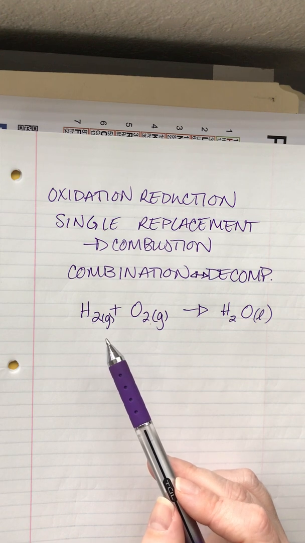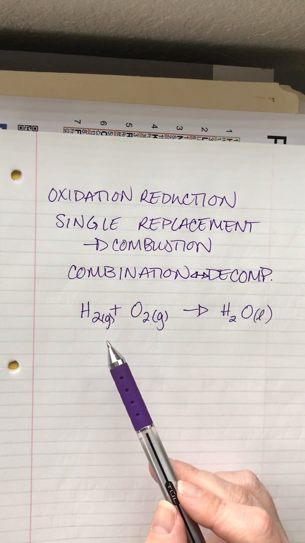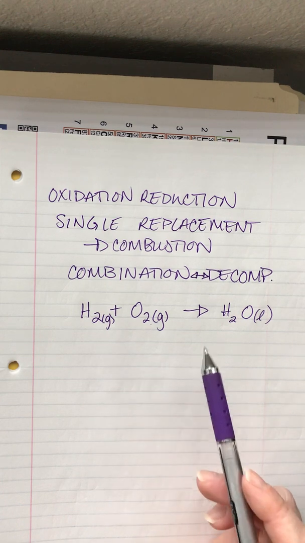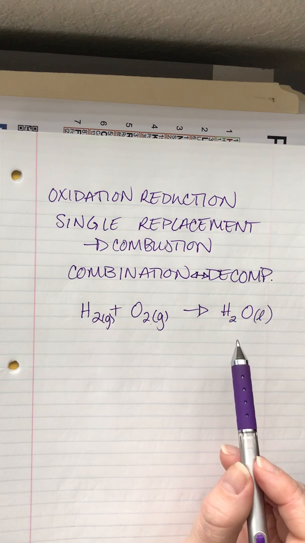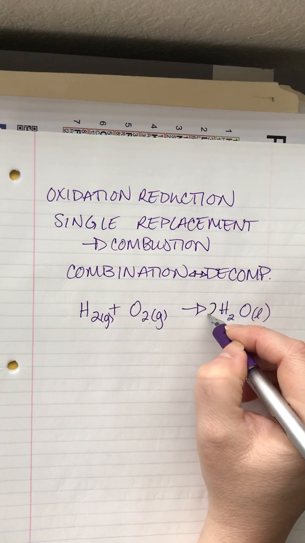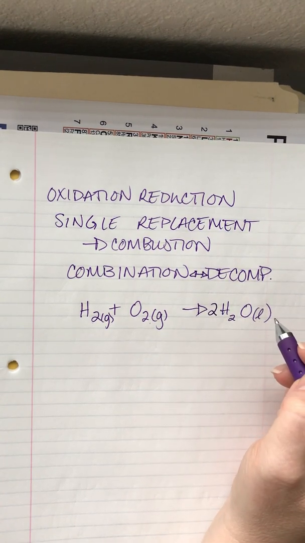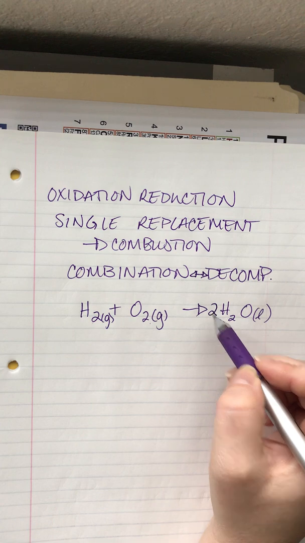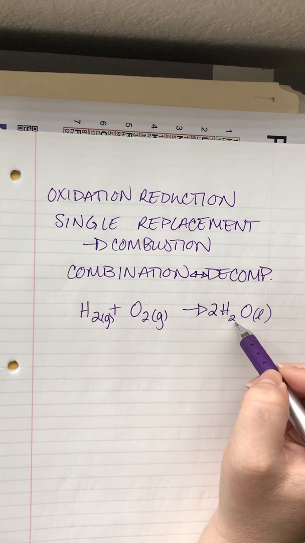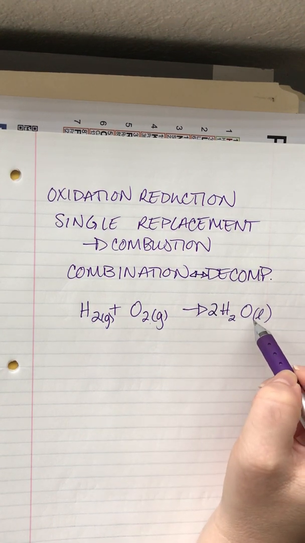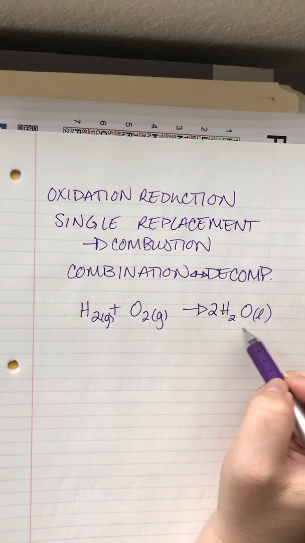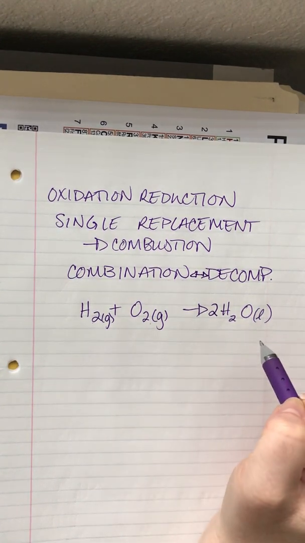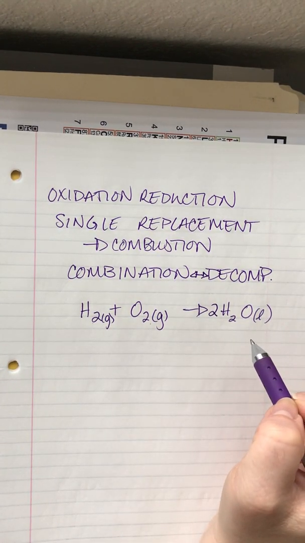No. What do we need to do to balance it? Add a 2 in front of water, right? Which means that we have 2 times 2 is 4 hydrogens, and 2 times 1 is 2 oxygens, right? So now how do we balance the other side? Put a 2 in front of the hydrogen.